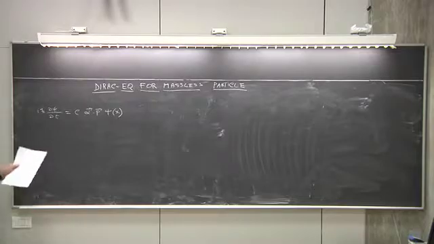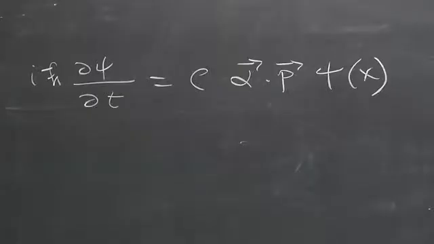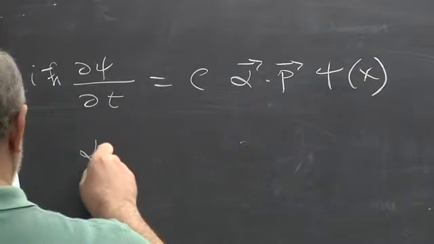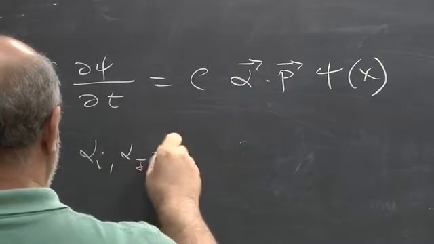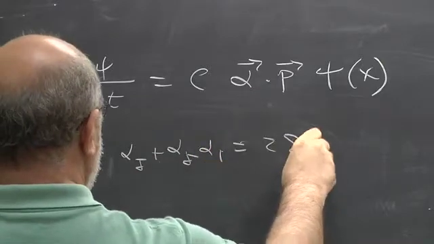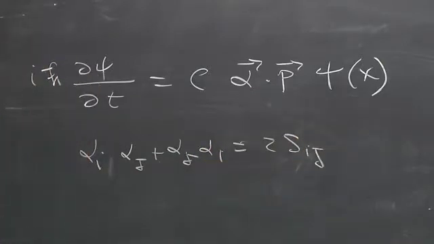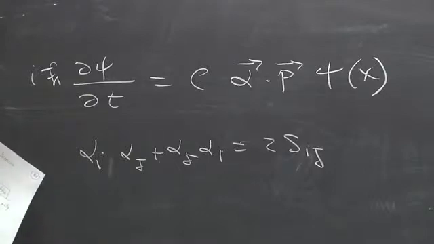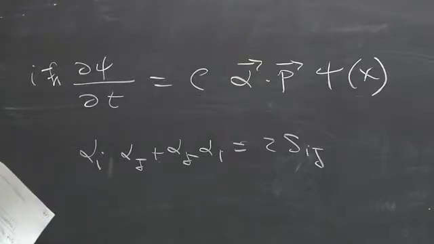Okay, and we know the alphas from the Dirac equation have to satisfy this relation: alpha i alpha j plus alpha j alpha i equals 2 delta ij. We knew that the alphas satisfy this relation not because of this equation, but because of the Dirac equation in general. Now we don't have the beta, so the other relations, the anti-commutation between alpha and beta and the fact that beta squared and alpha squared have to be 1, I don't put.